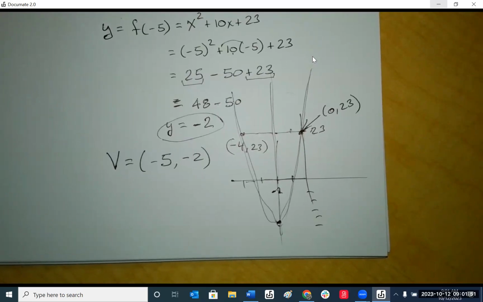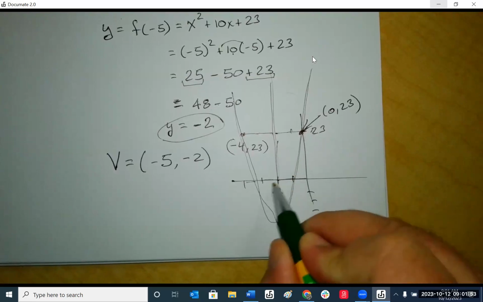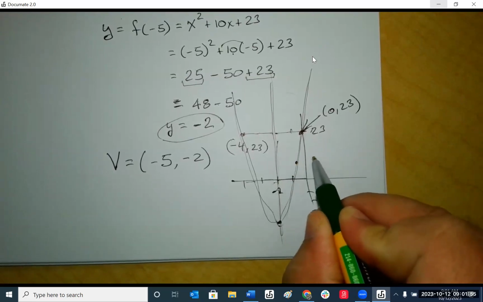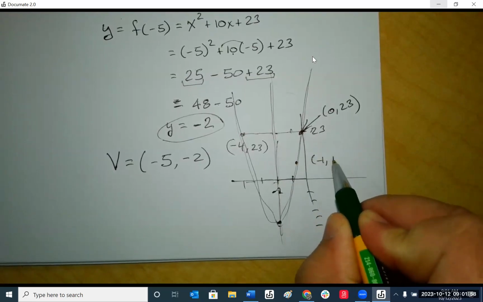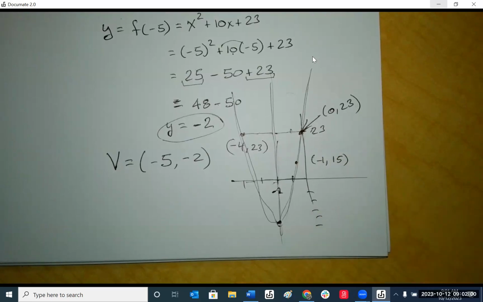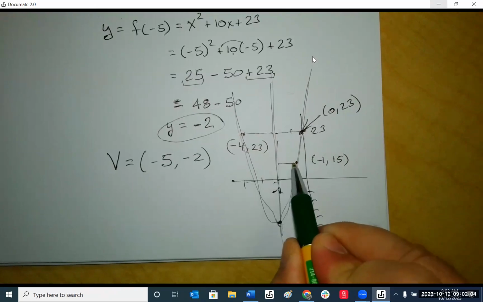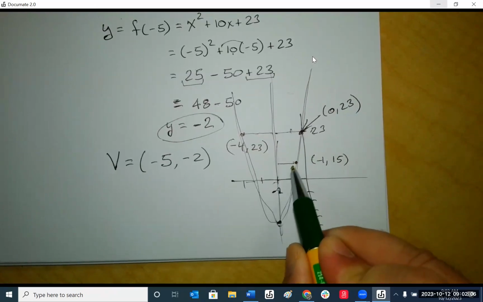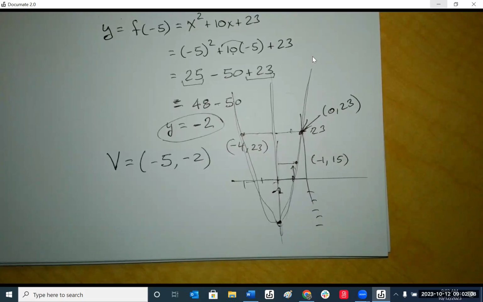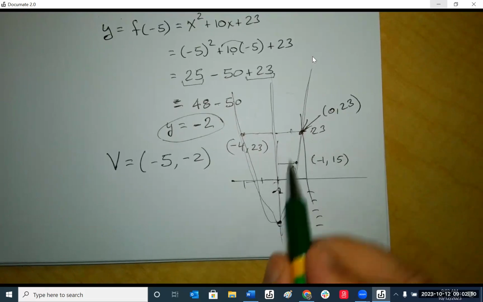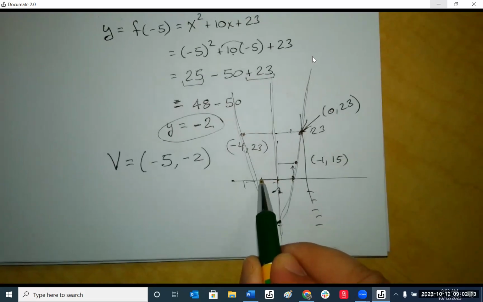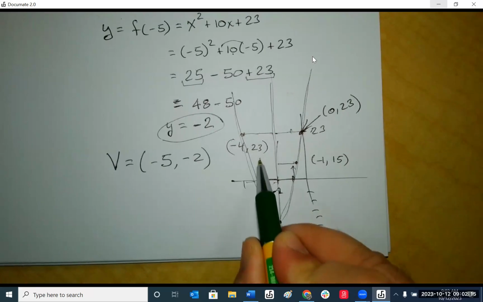You see how that works? If I had a point here at negative 1, 15, my axis of symmetry is negative 2. So it's 1 space to the left and up 15 points. There has to be a mirror one, 1 this way and up 15.